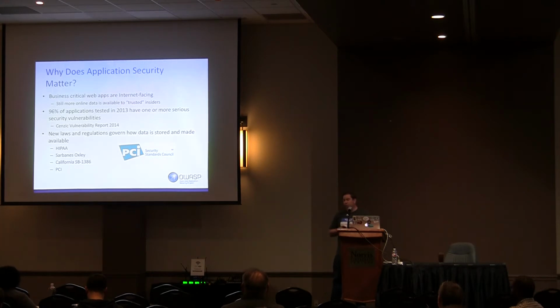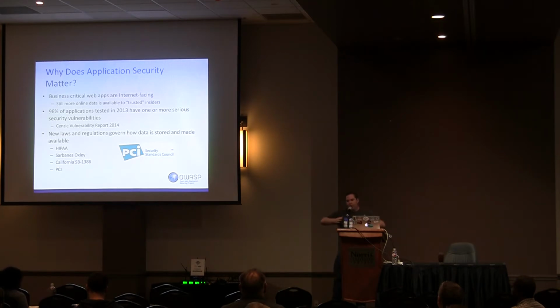And we have even more data that's available to trusted insiders. So I saw a cool picture the other day that was basically of an iceberg. The top of the iceberg, the part that's above the water, is actually the smallest part of the iceberg, right? That's the internet.